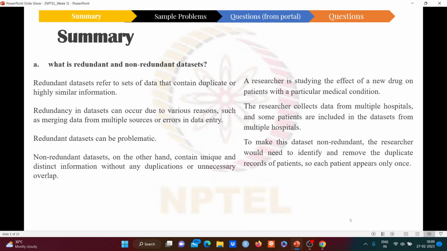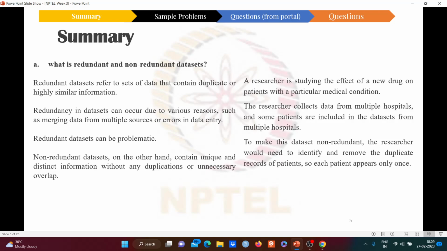Let's talk about some examples. For example, a company has a customer database that includes names, addresses, and purchase history. Then the same company has recently acquired another business with a similar customer database.